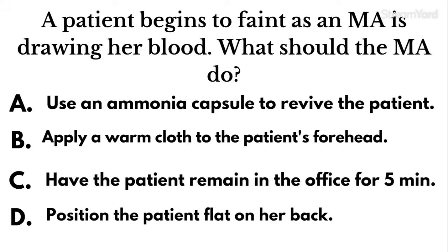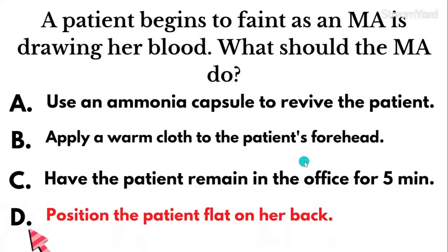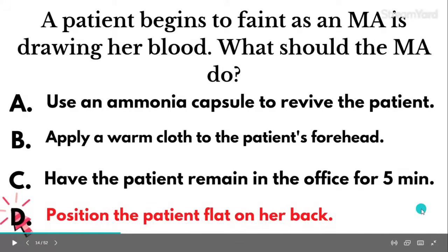Maria and Kiera. I'm sorry if I'm mispronouncing your name. She also says D. Brett also says D. Okay. Anybody else? I'll wait a second. All righty, you all are correct. You want to position the patient flat on her back.